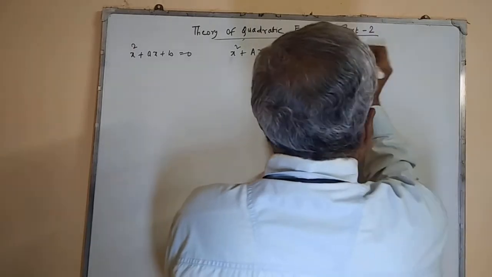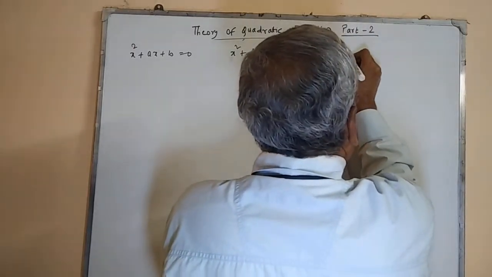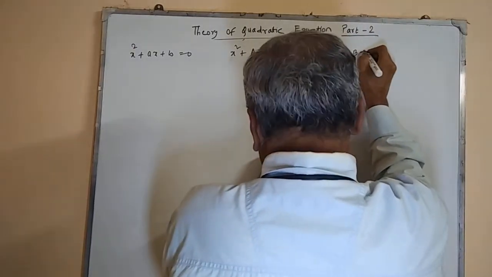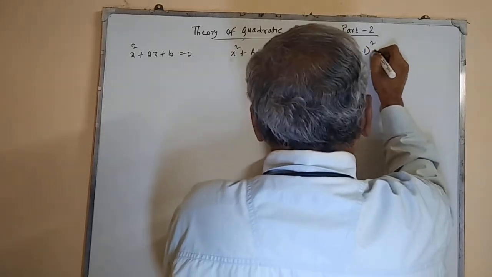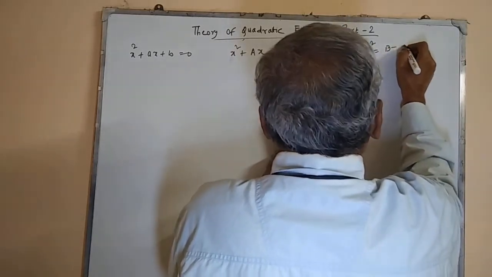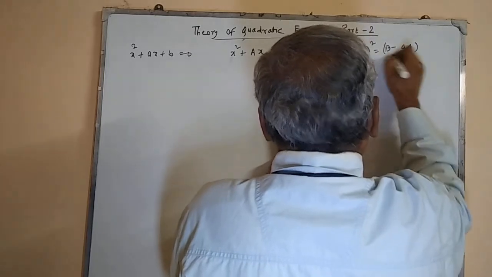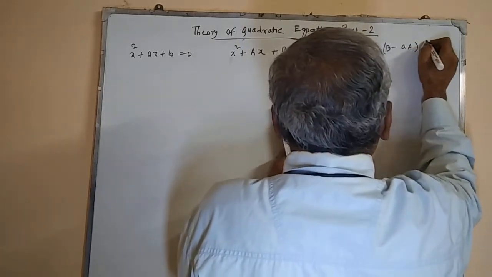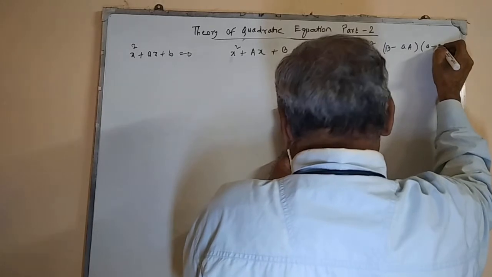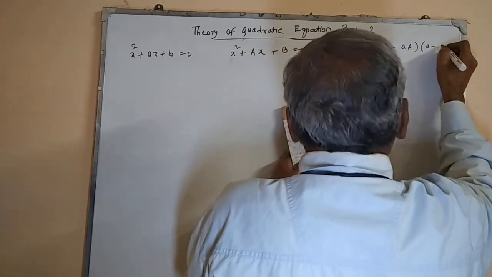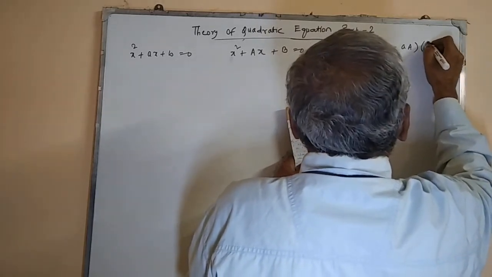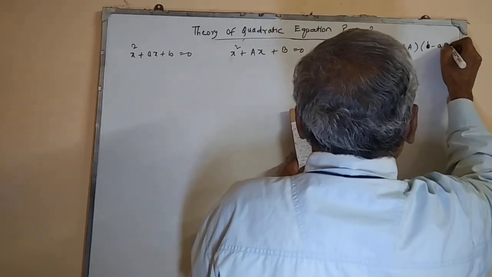Some options are there. Number 1, (capital B minus 1) whole square is equal to (B minus A capital A) into (A minus B minus AB).